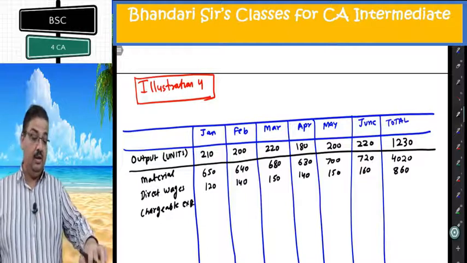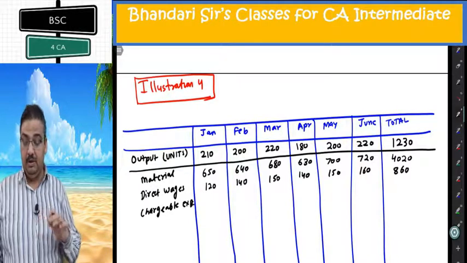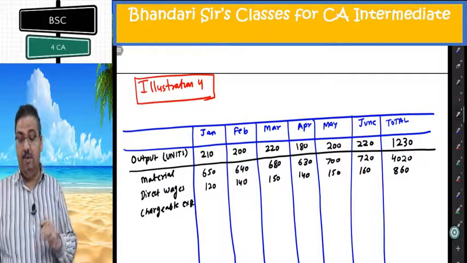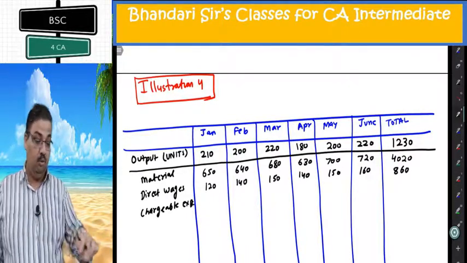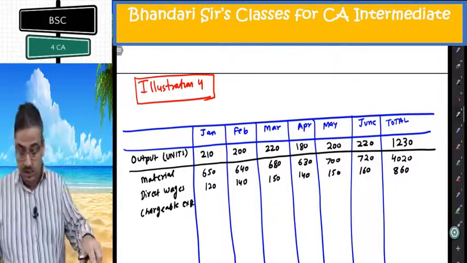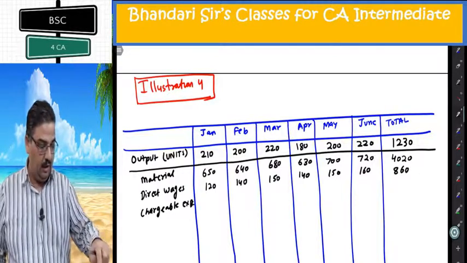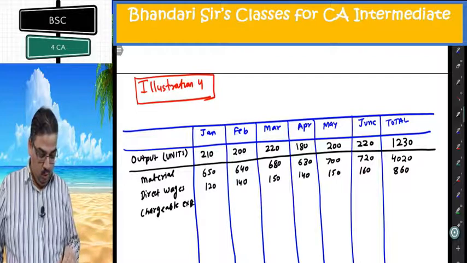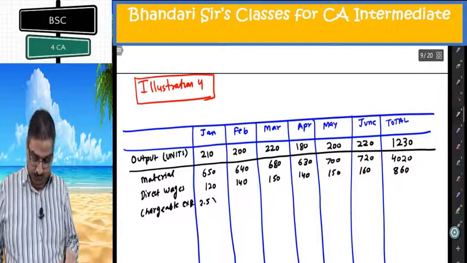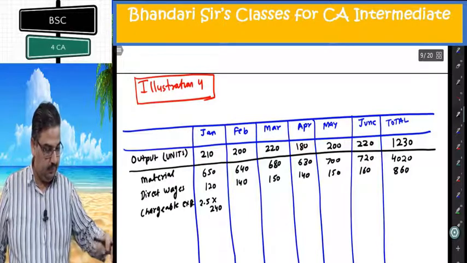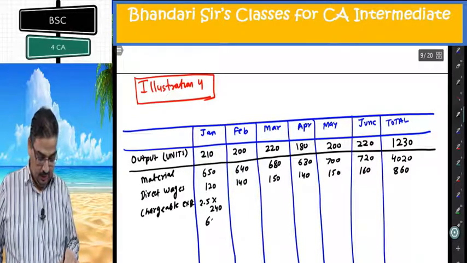In the other details, you are given the chargeable expenses and labor hours. I will get from there per hour multiplied by 240 and so on. So it is 12,000 divided by 4,800, 2.5 into 240. I am getting 600.